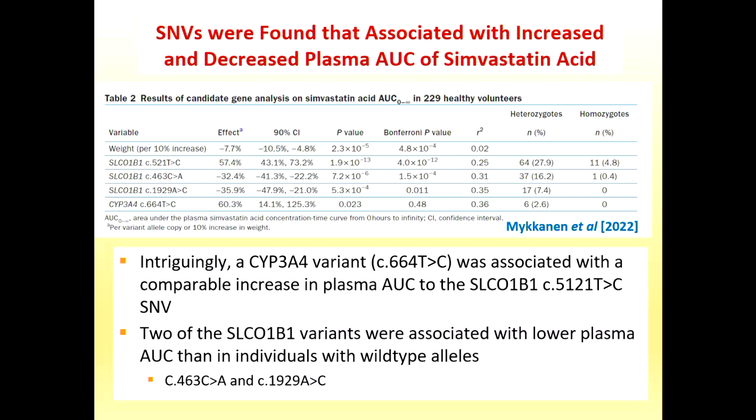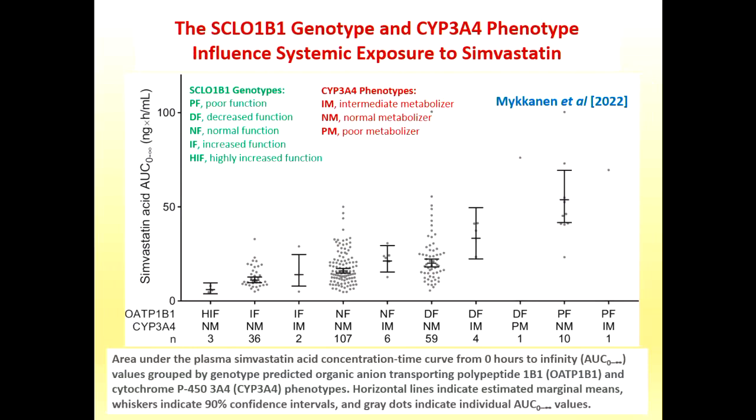It just shows that some people might be really vulnerable to myopathy with these drugs, because if you've got a combination of variant forms of 1B1 but also CYP3A4, you might be out here with the really large area under the curve of simvastatin.